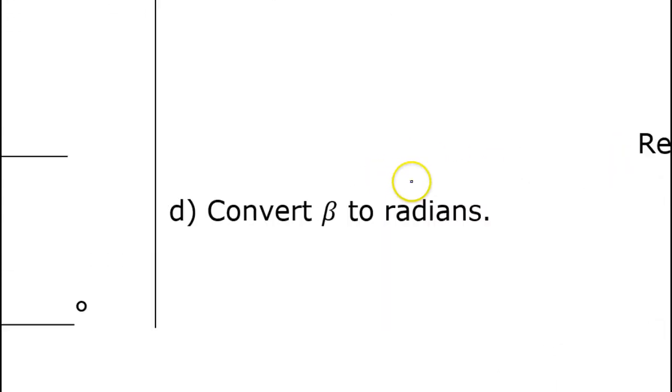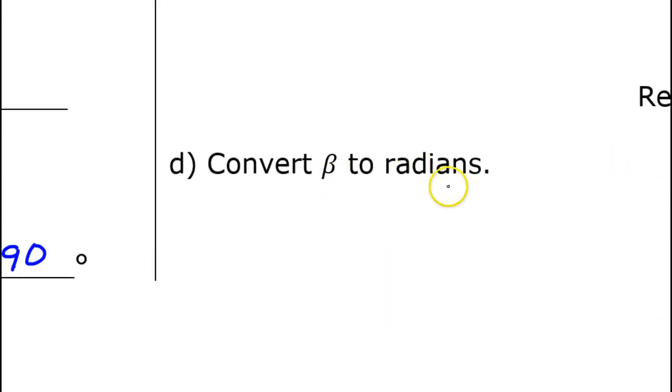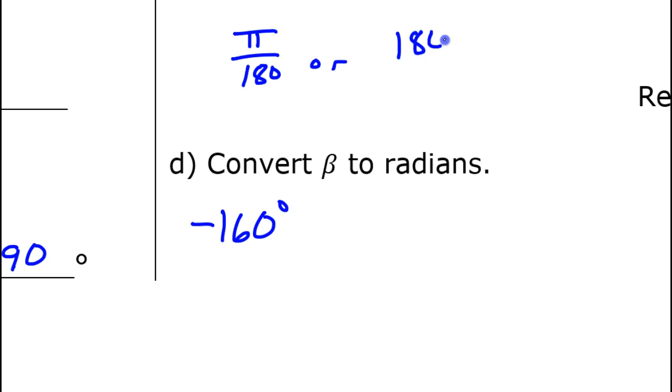Okay, now we need to convert the angle to radians. The original angle is negative 160 degrees. So we have to decide, are we going to multiply by pi over 180, or by 180 over pi? It's all a matter of canceling out the correct thing. Instead of the degree symbol, I'm going to write out the word degrees to make it really obvious.